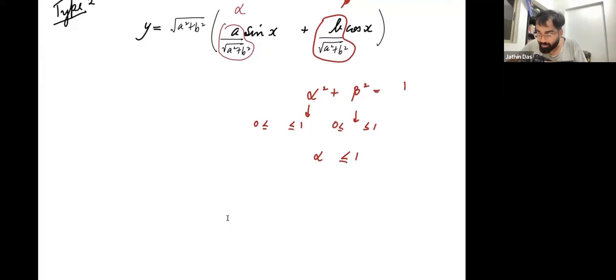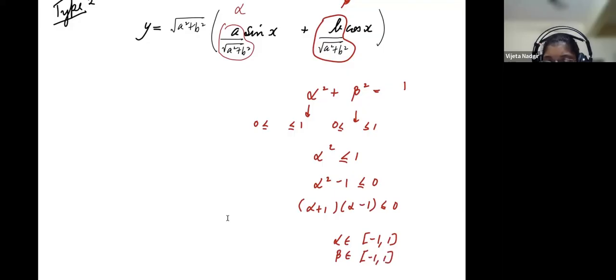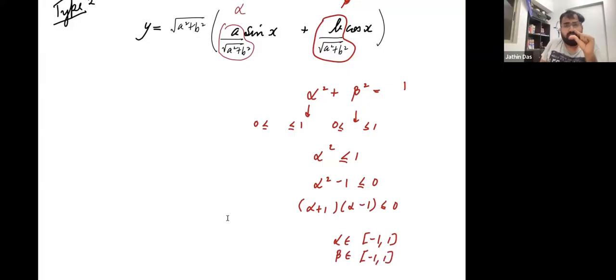Till here clear? From this, I have taught you inequalities. It will come between -1 and 1. Same for beta also. Till now you are clear? That means alpha and beta का जो range है, it is between -1 and 1. Okay, very good.